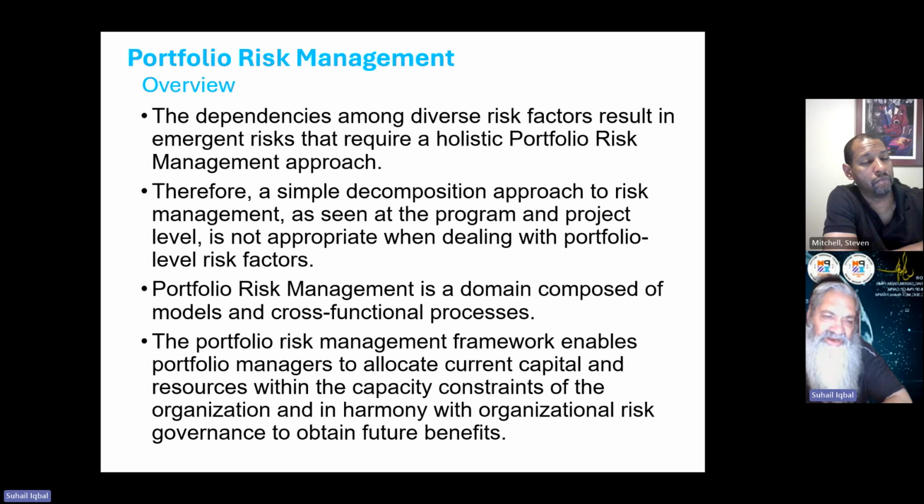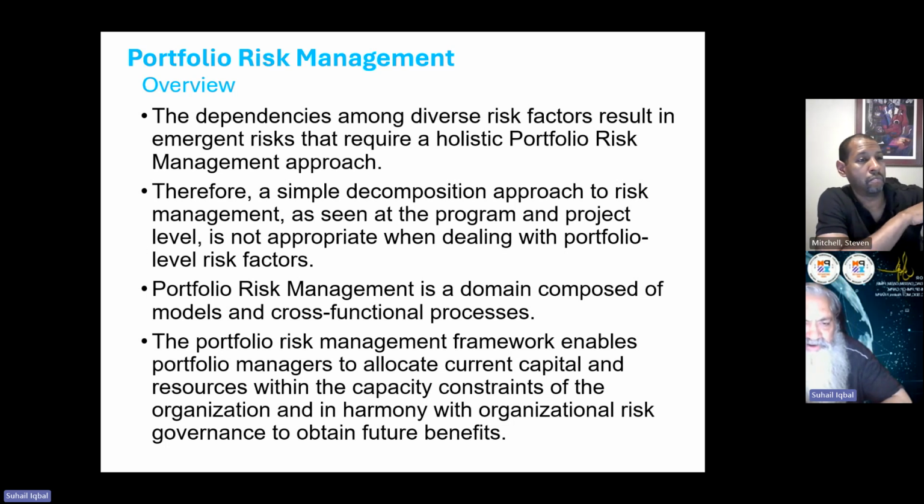We can seek guidance and help from there, but how do they do their program management? I am more concerned about the models. The portfolio risk management framework enables portfolio managers to allocate current capital and resources within the capacity constraint of the organization and in harmony with organizational risk governance to obtain future benefit.